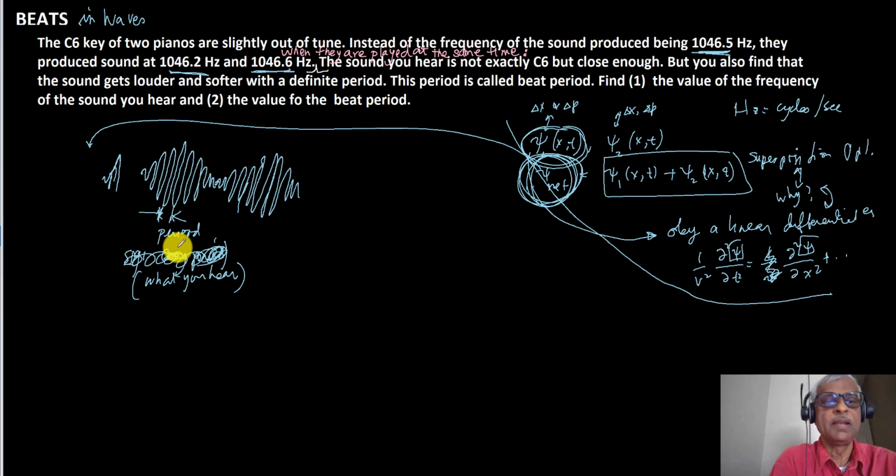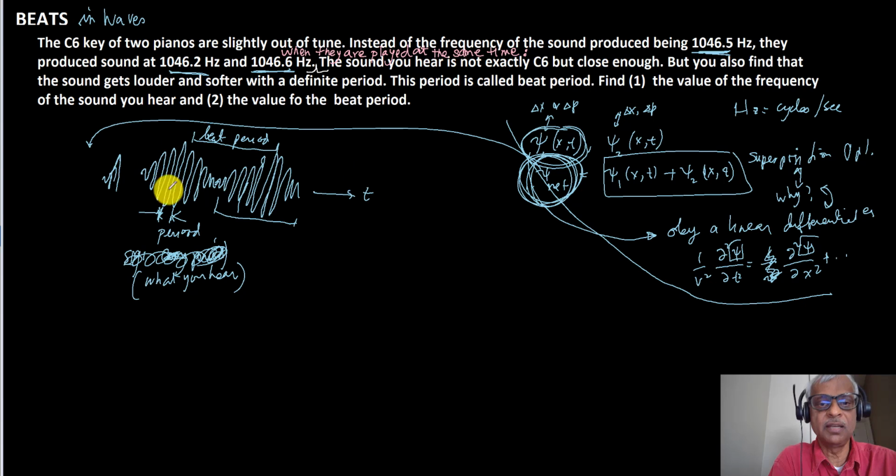And then there is loud to loud or soft to soft, so this is the period called the beat period. This is in time. You're going to get a signal like this in your ear.